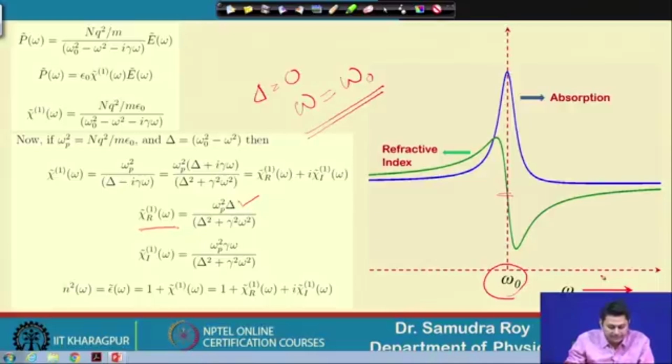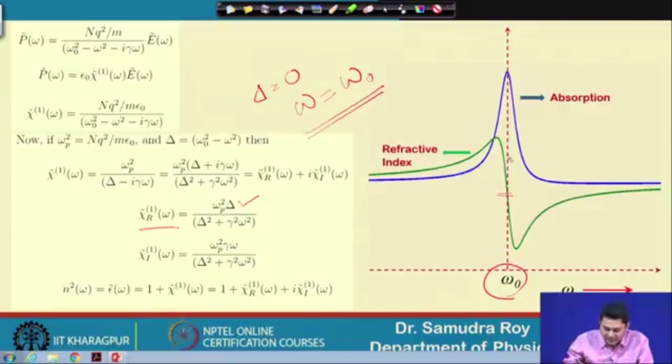Taking omega 0, the frequency of resonance, as my reference, on the right and left sides we have two kinds of distribution, and this distribution comes from the real part of the susceptibility, which is related to the real part of the refractive index.